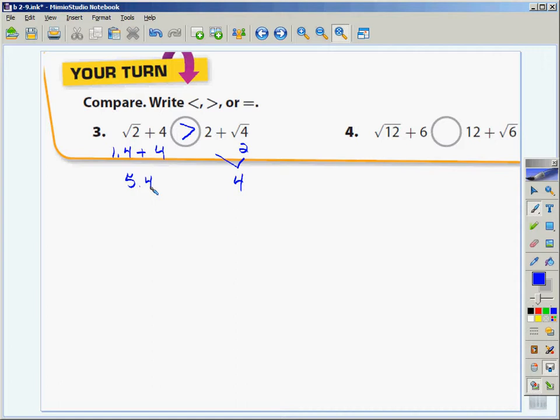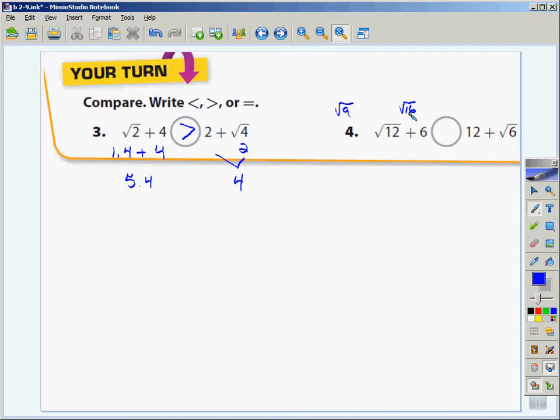This one isn't quite as easy because I can't take the square root of 12, can I? What is the square root of 12 between? It's between the square root of 9 and the square root of 16, right? So it's between 3 and 4. Which is it closer to? It's a little closer to 16.